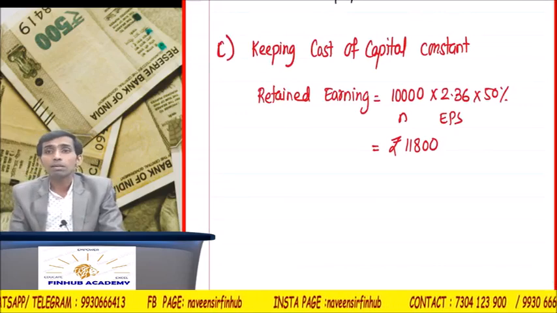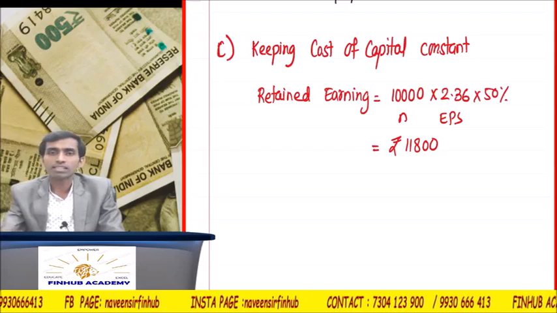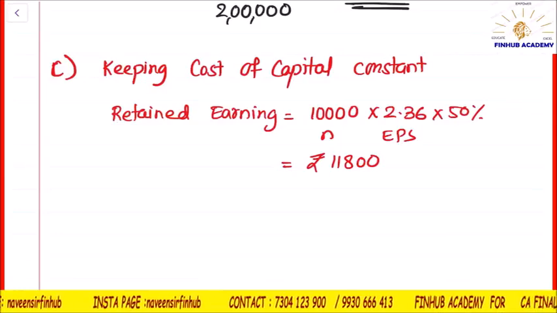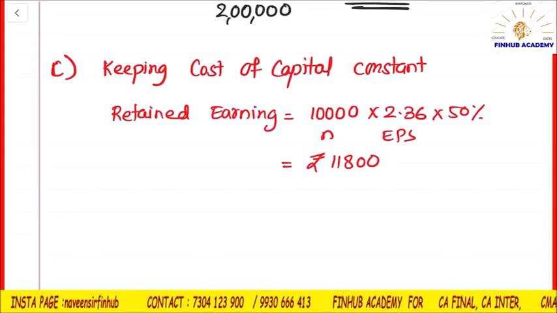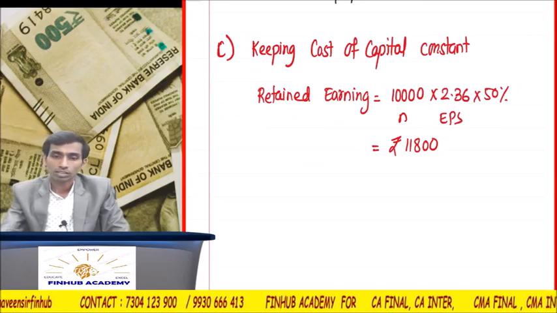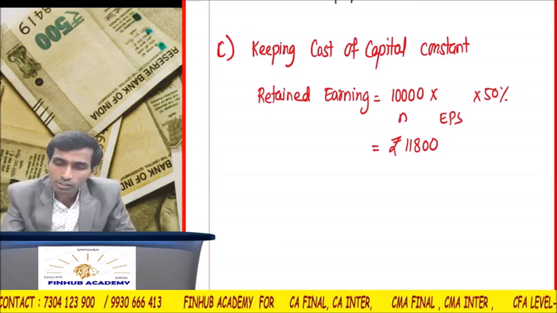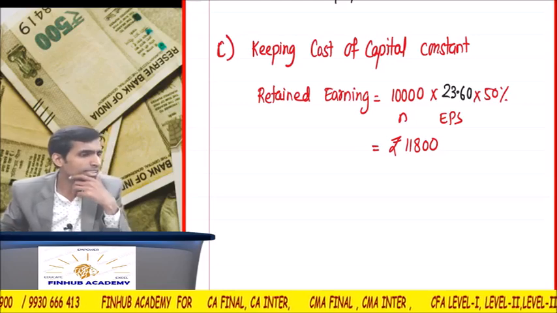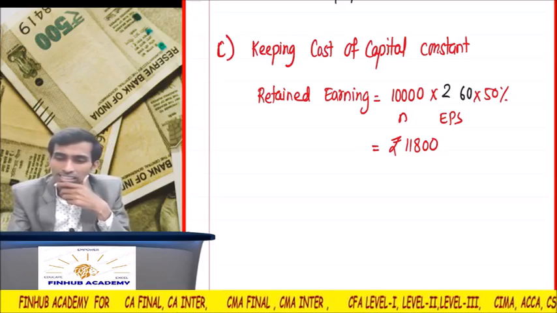Listen, the proportion needs to be the same. Copy this much first, please. Acha, it is 2.36, please correct it.